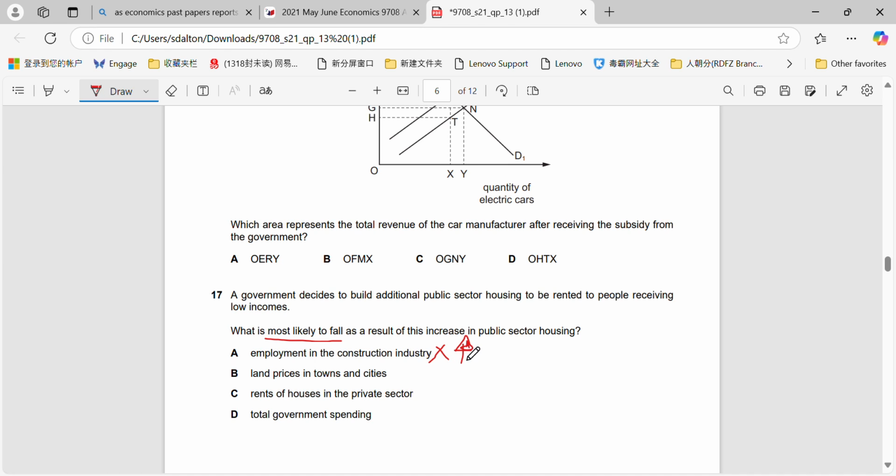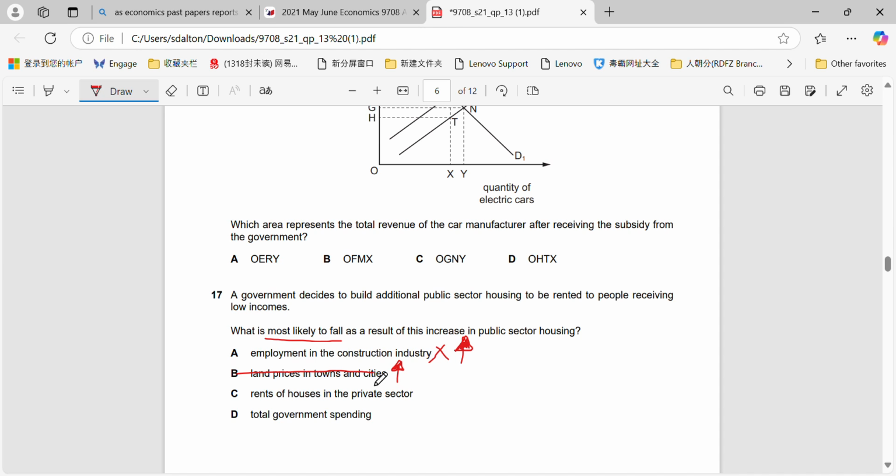So very simply, we're going to need more construction workers to do so. Land prices in towns and cities will rise as well, because we are now going to have a higher demand for housing. So we would expect that the land prices in the towns and the cities will rise.